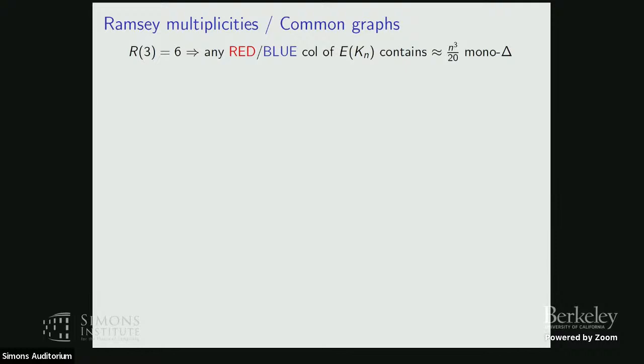If you look at any window of size 6, by Ramsey's theorem you see at least 2 monochromatic triangles. If you move this window all over the place, just by an averaging argument, you see roughly at least n cubed over 20 monochromatic triangles.